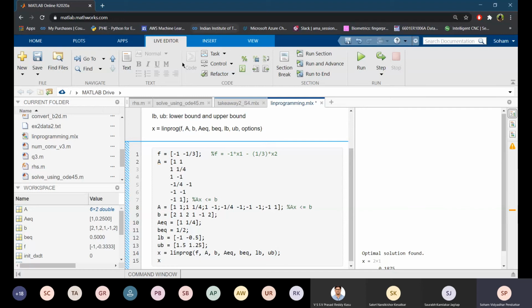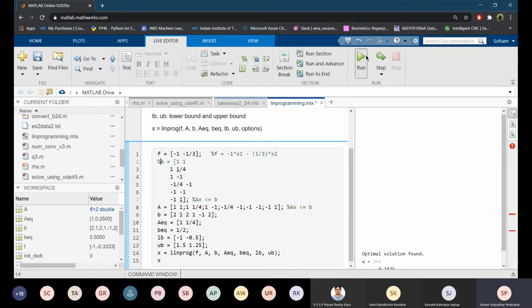I think this will give me a syntax error. No, okay, it didn't. So this was correct: Ax equals b also means that you can specify a matrix like what we did before.